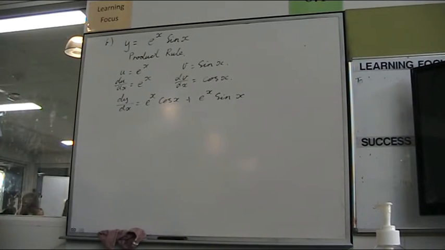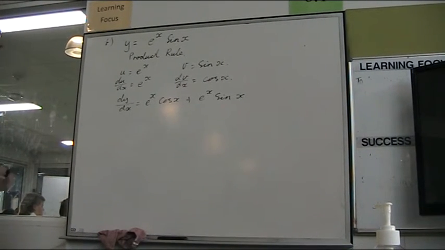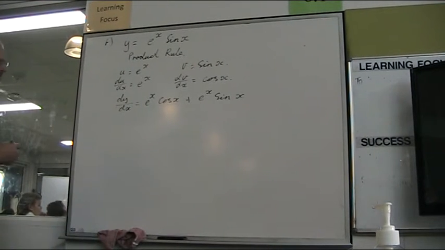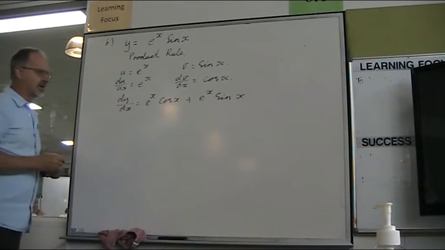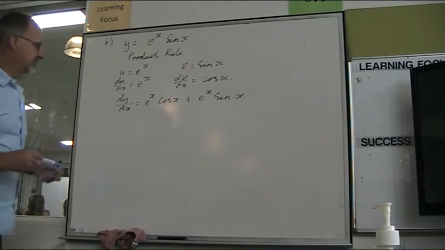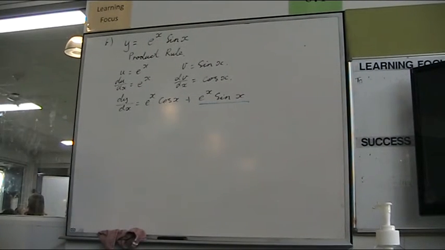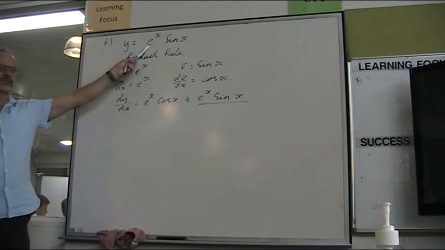And then we need to differentiate again to get the second derivative. So if I split it into two parts, then this part, the e to the x sine x, well, that's just what we did here.